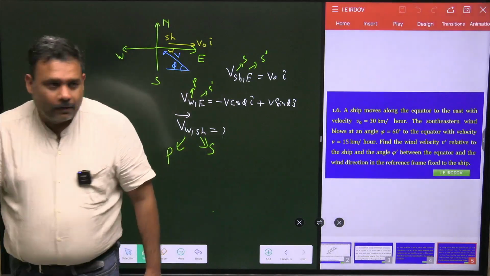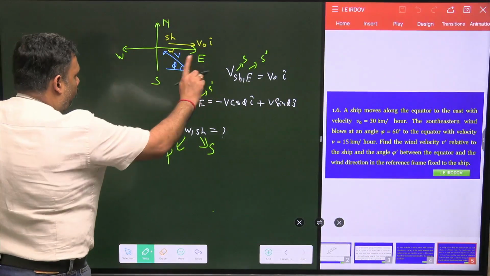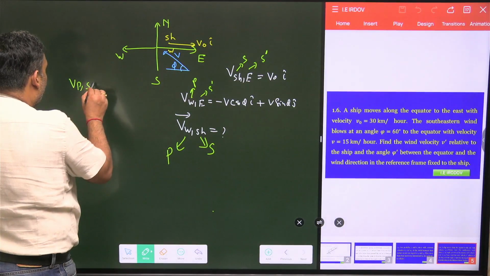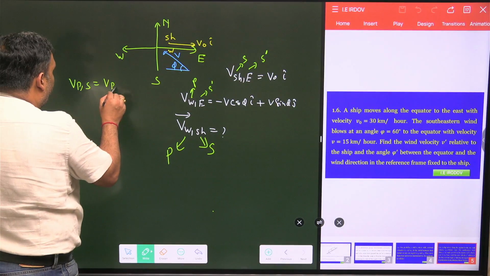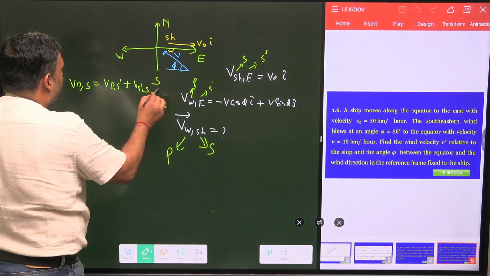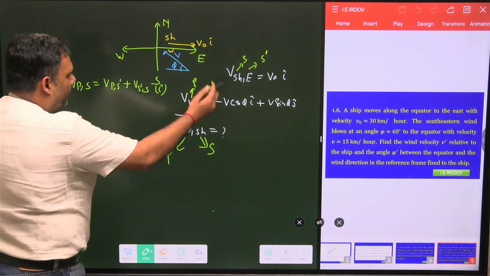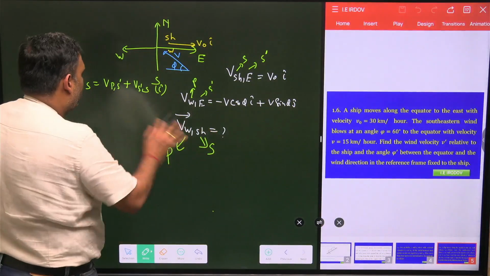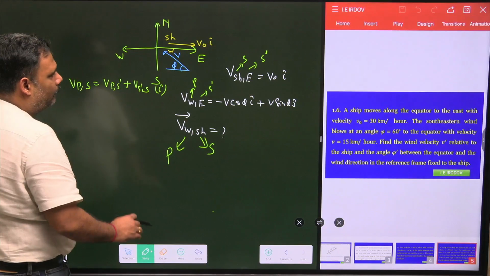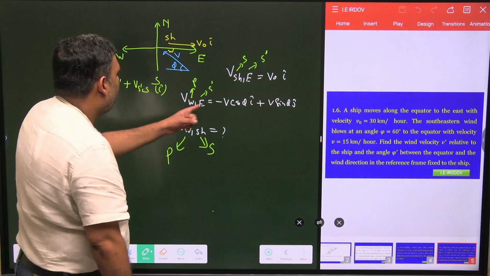In this problem we need this formula: velocity of a particle with respect to S is equal to velocity of a particle with respect to S dash plus velocity of S dash with respect to S. I am just talking about the I cap direction first, and J cap and K cap have no problem. Then we can go for the other components. Here the velocity of a particle with respect to S dash is given.